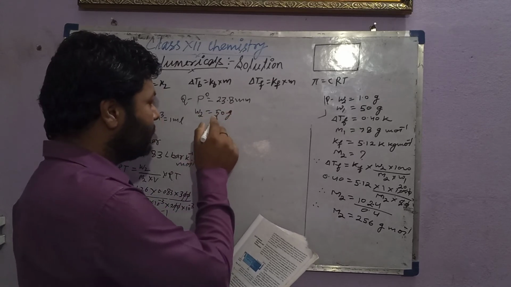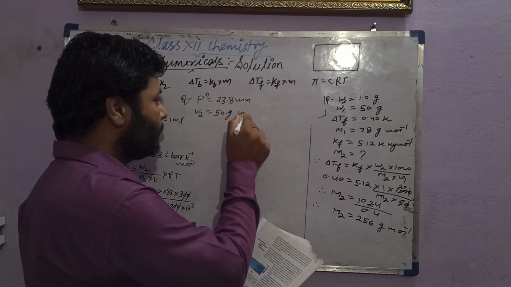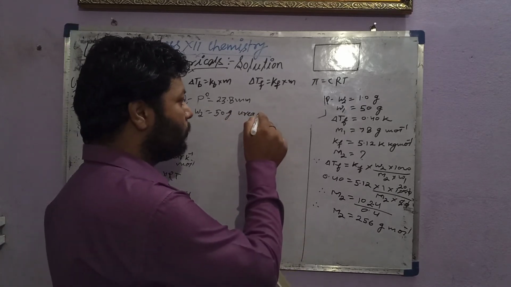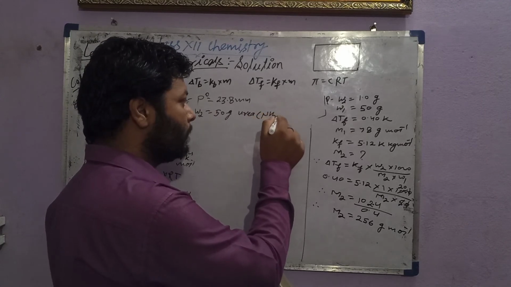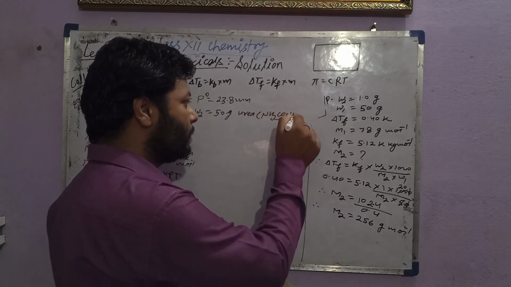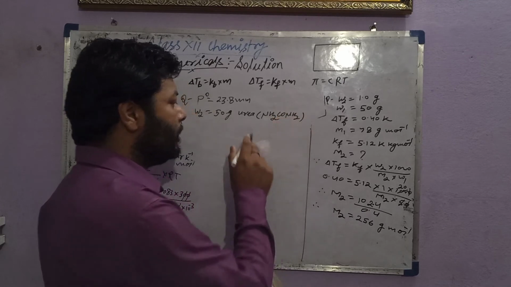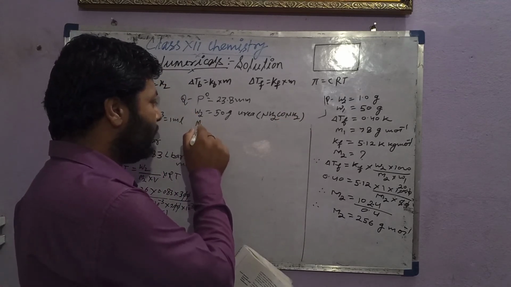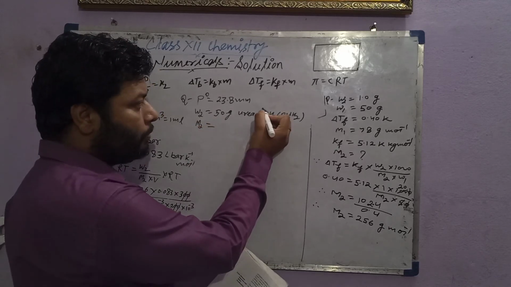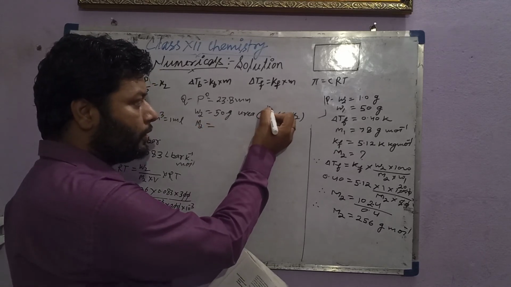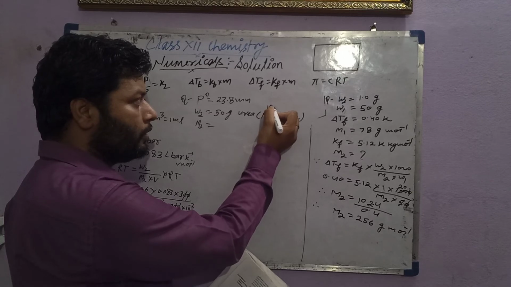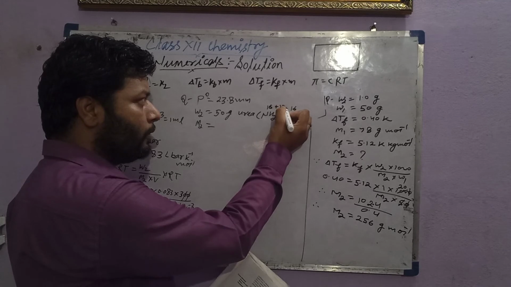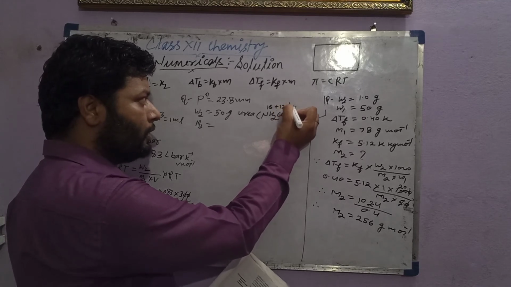The formula is NH2CONH2. So you can calculate the molar mass of urea: 14 into 2, plus 16 for oxygen, plus 12 for carbon.